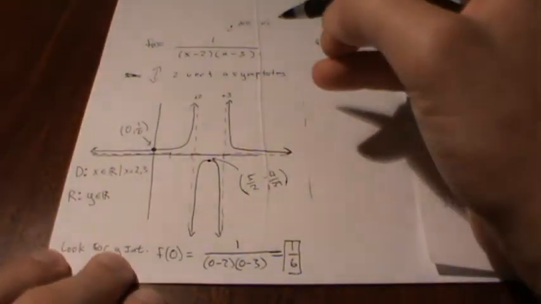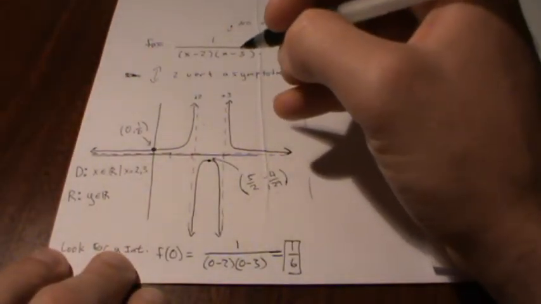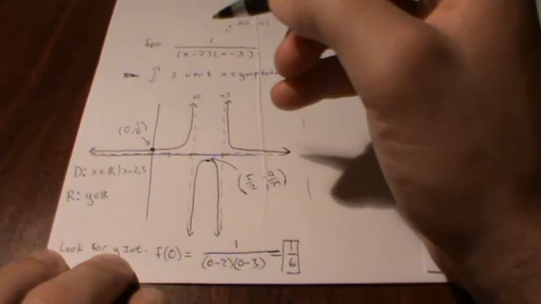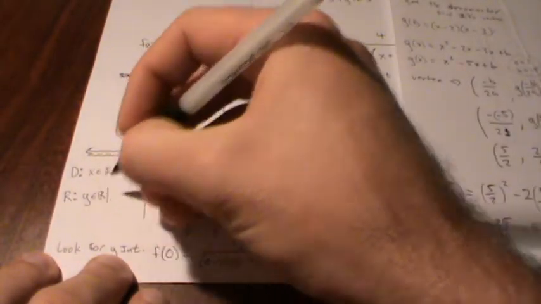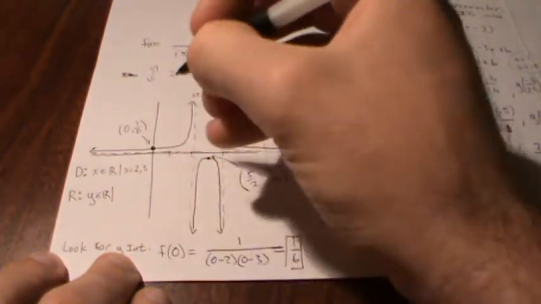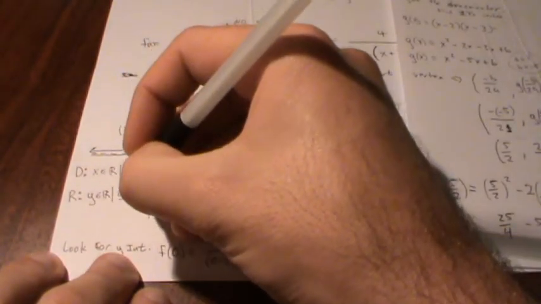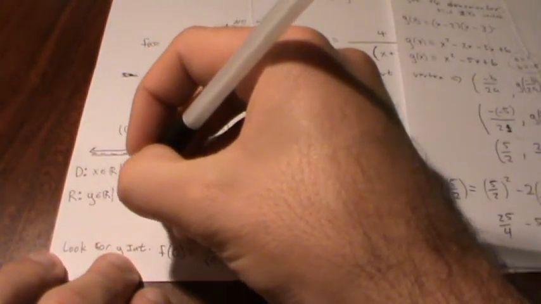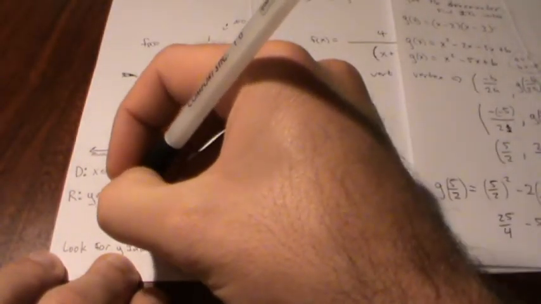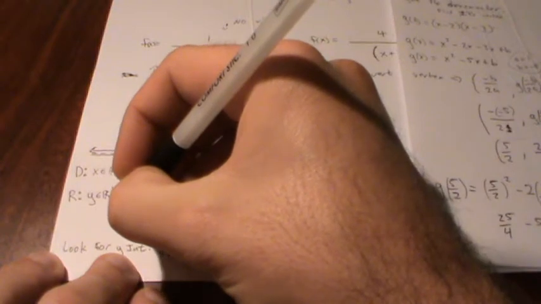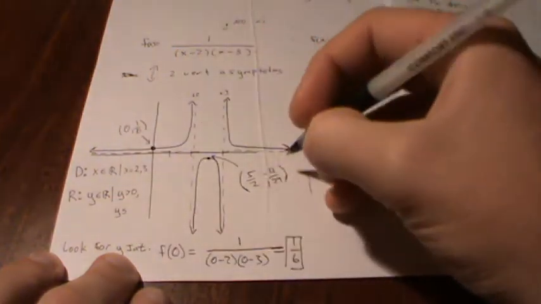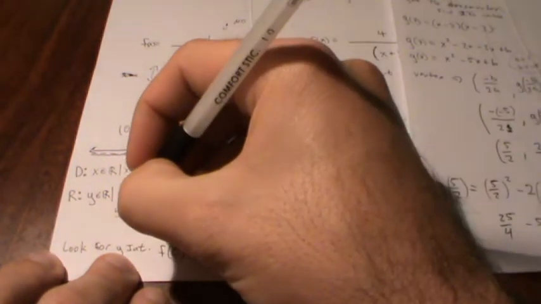Okay, and so where am I at here? Oh yes, the range. So the range can be written in two ways. Y is greater than 0, and y is less than or equal to negative 4/29.